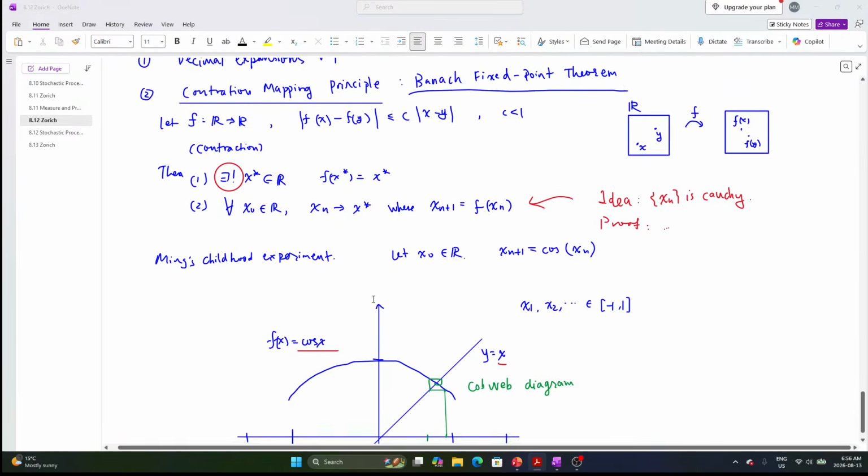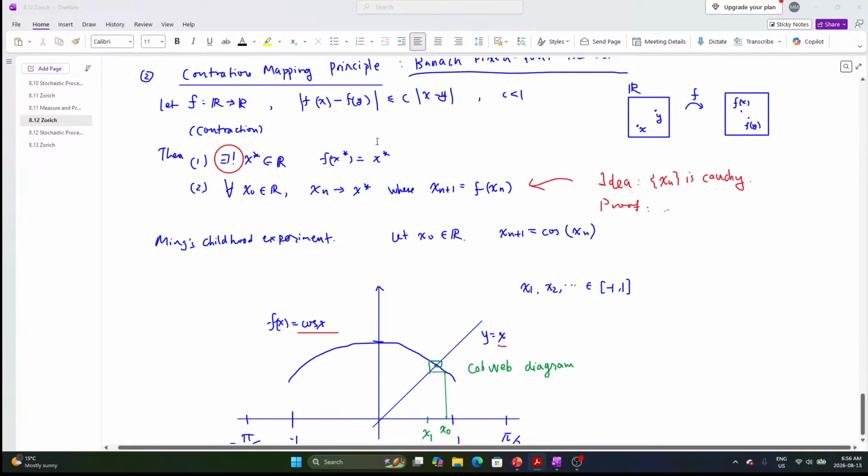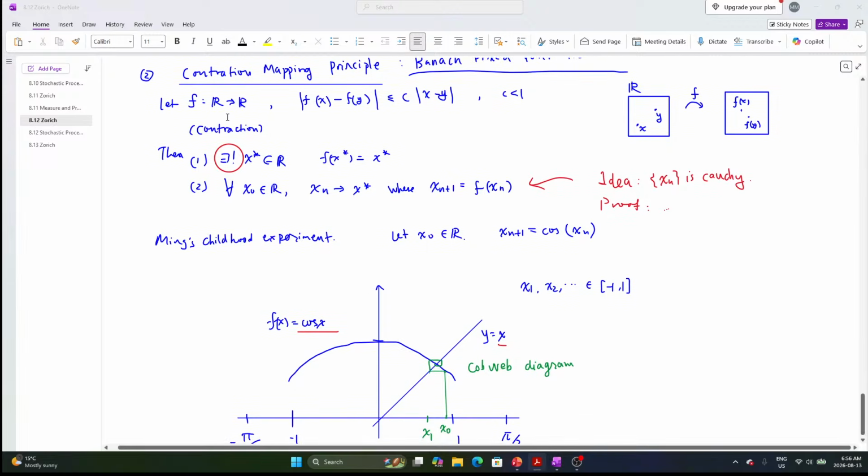A contraction is a function that satisfies |f(x) - f(y)| ≤ c|x - y|, where c is less than 1. So the distance between the outputs gets squeezed compared to the distance between the inputs.